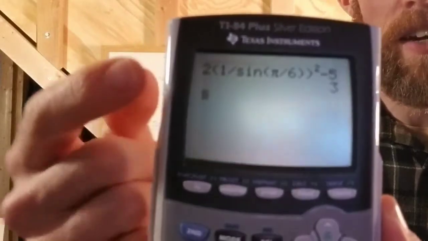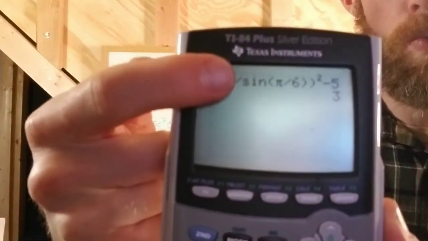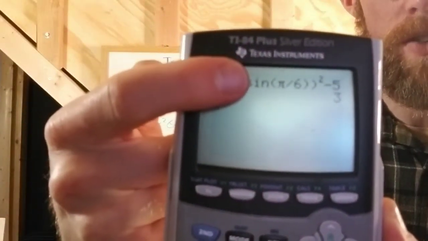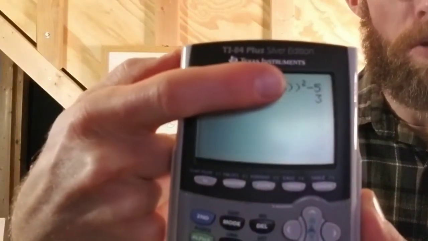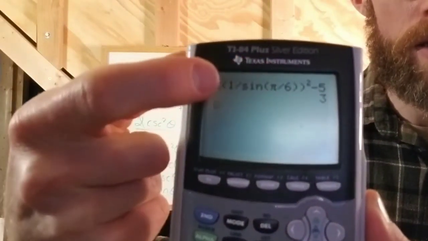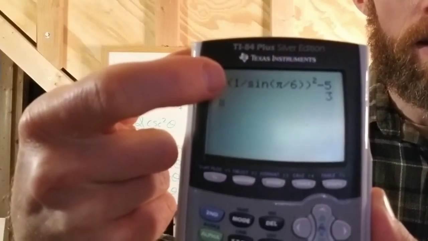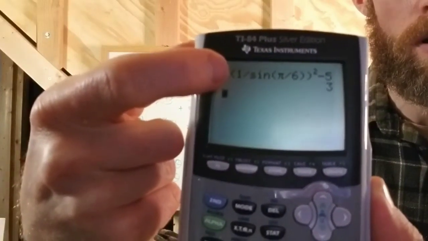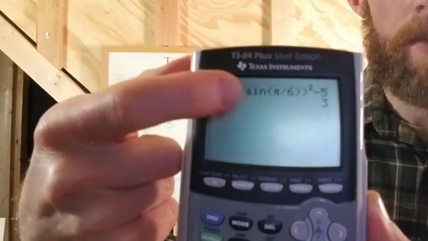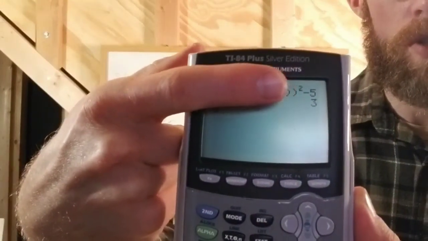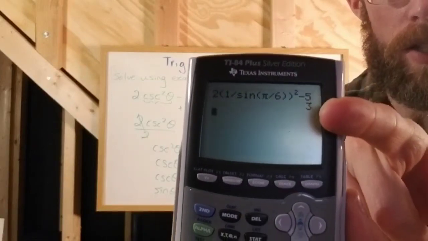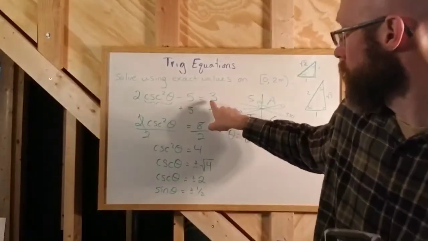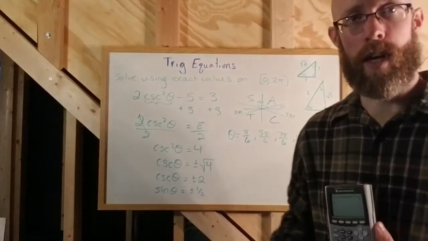Okay, I don't know if you can tell. So that's 2 times 1 over the sine, right? 1 over the sine is the cosecant. Pi over 6. I squared it, so I have a parenthesis around the entire 1 over sine portion there. So you square the 1 over sine portion, and then you subtract the 5, and that should give you 3, because that's what we had in our equation.